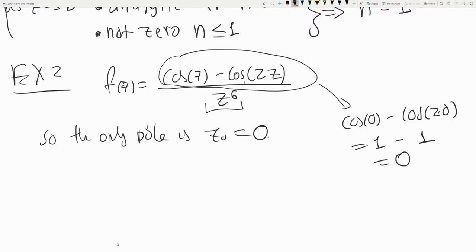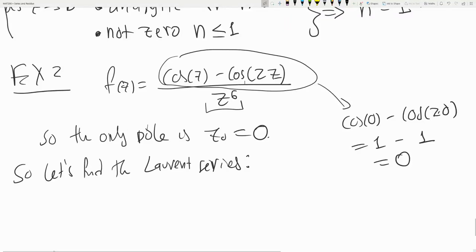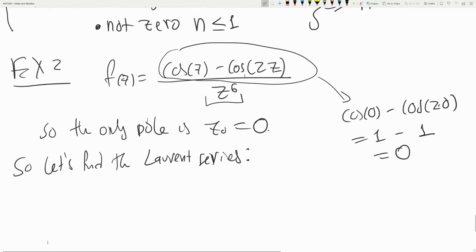So we have to be careful and expand. Let's find the Laurent series and then pick up the coefficient, the most negative.